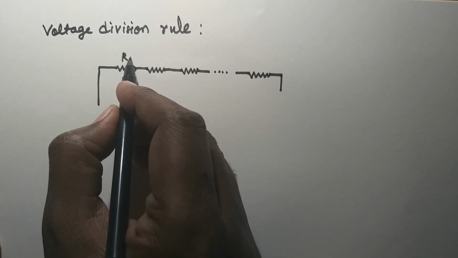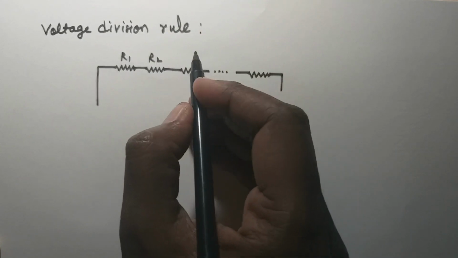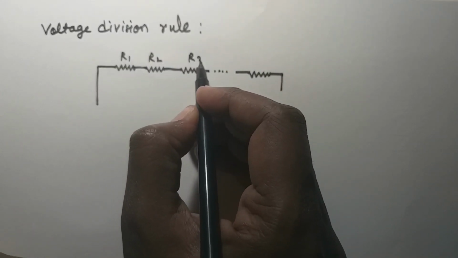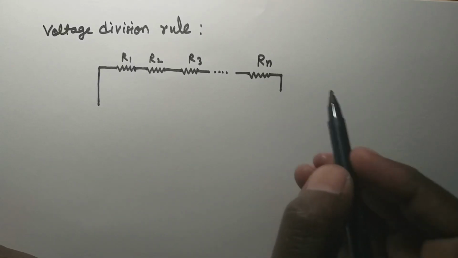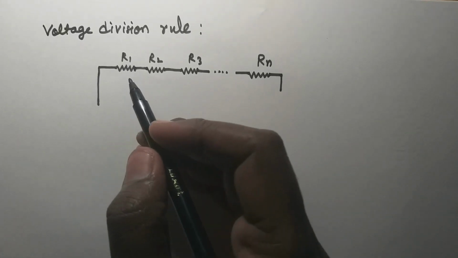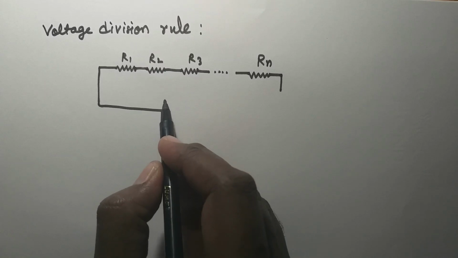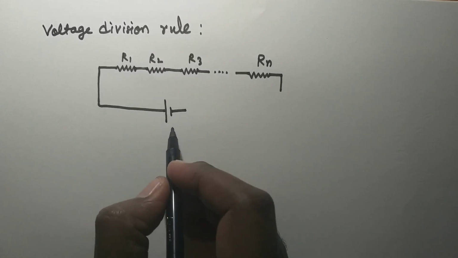So this is R1, this is R2, this is R3, and this is up to Rn. So we have n resistances connected in series with a battery with EMF E.